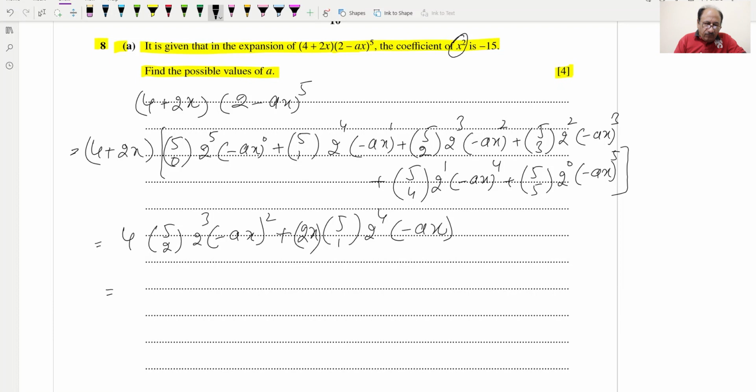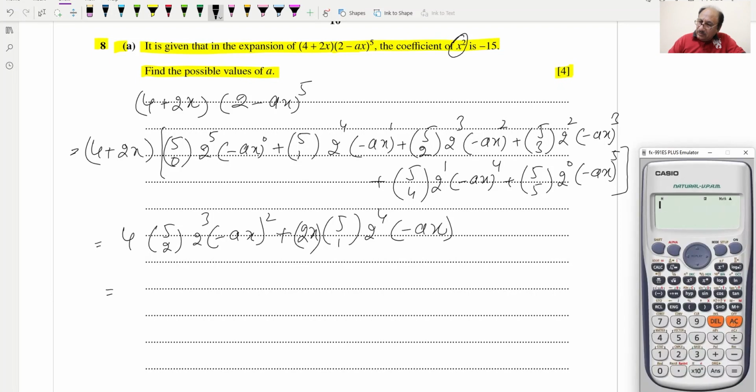Now this will be 4. We can write this as 5c2, which will be what? 5c2 will be equal to 10. So 10 multiplied by 4 will be 40, and multiplied by 2 raised to the power 3, and this will be equal to 320.